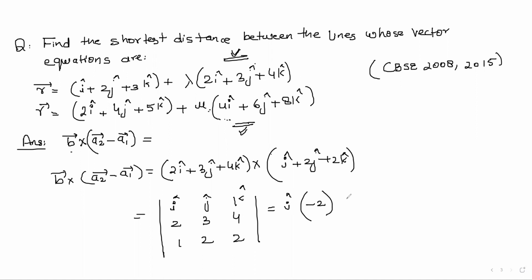Then minus J cap times 4 minus 4, which is 0. Plus K cap times 4 minus 3. So this will give you minus 2I cap plus K cap. Is it clear, Seth?